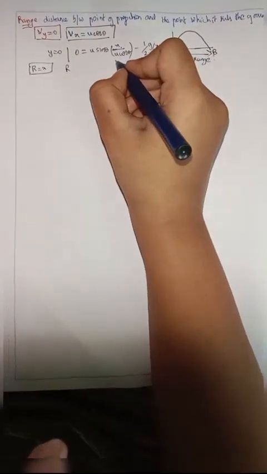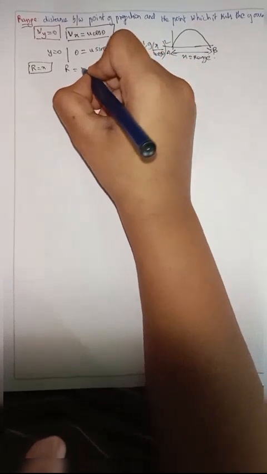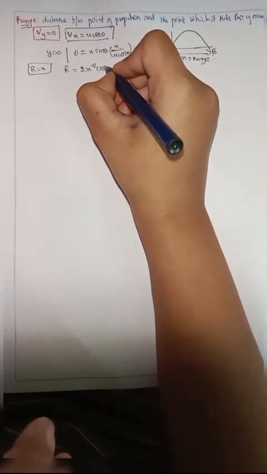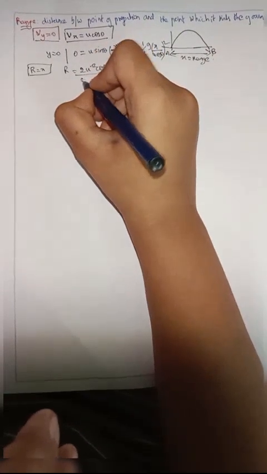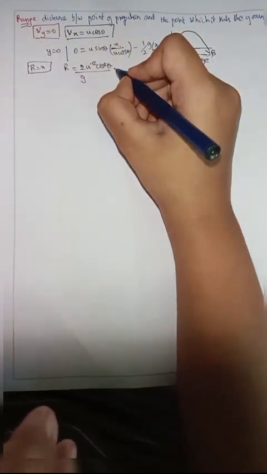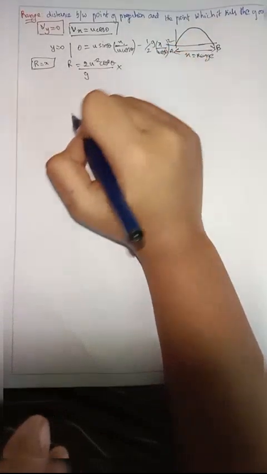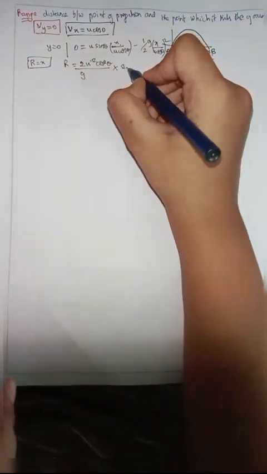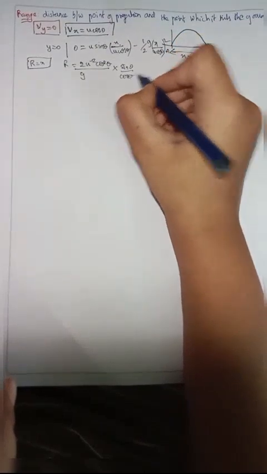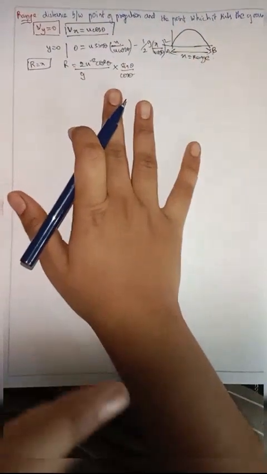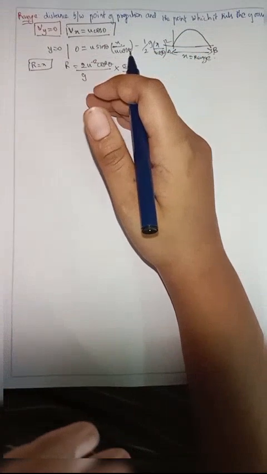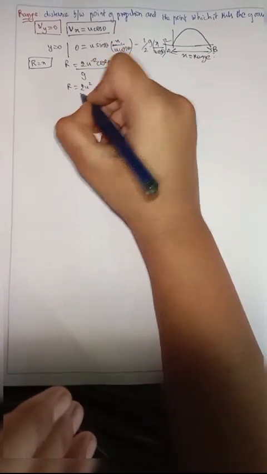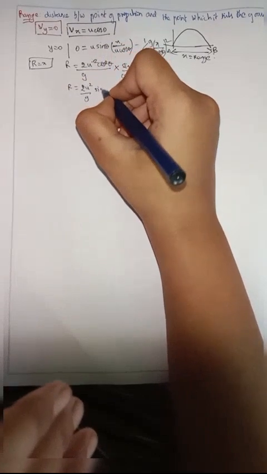If we simplify this equation, we may get an equation like this: 2u square cos square theta divided by g into sin theta by cos theta. If you simplify further, you can get R equal to 2u square by g sin theta cos theta.